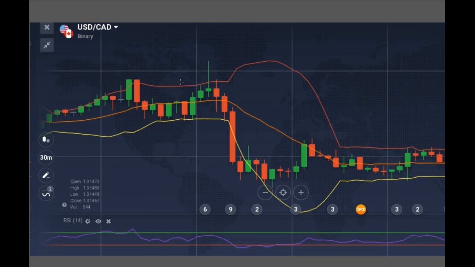With the 30 minutes candlestick, it affords you the opportunity to trade binary options successfully. You can be rest assured that you are not going to miss a trade.